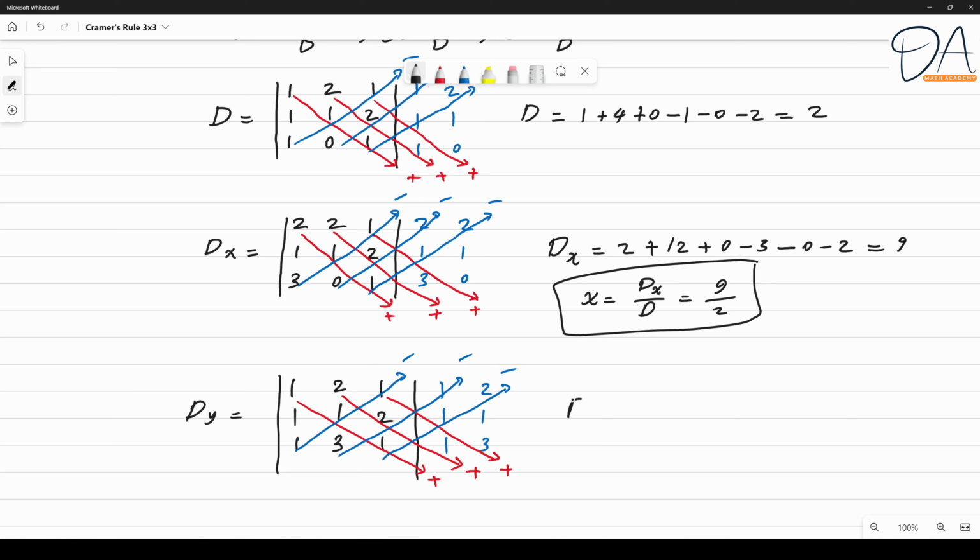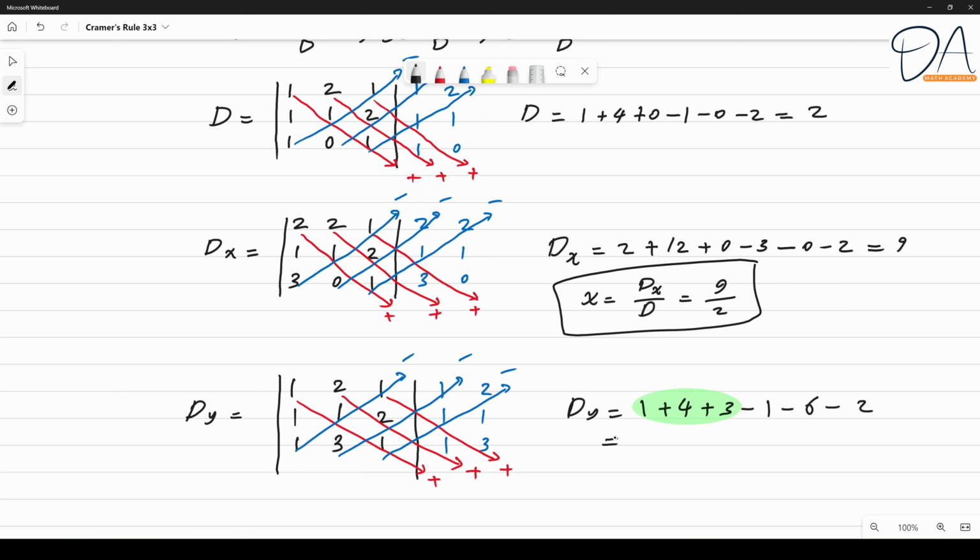So dy is equal to the first positive diagonal 1 times 1 times 1, that is 1, plus 2 times 2 times 1, that gives you 4. The third positive diagonal 1 times 1 times 3 gives us 3. Let's now move to the negative diagonals: minus 1 times 1 times 1, that's 1, minus 3 times 2 times 1 gives us minus 6, and then the last one, minus 1 times 1 times 2, that is 2.